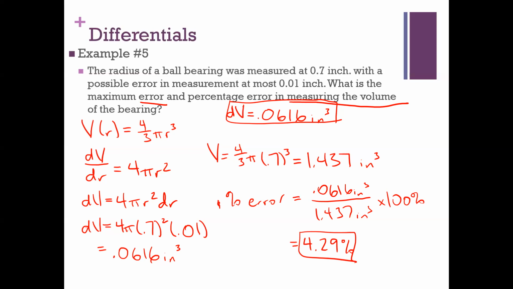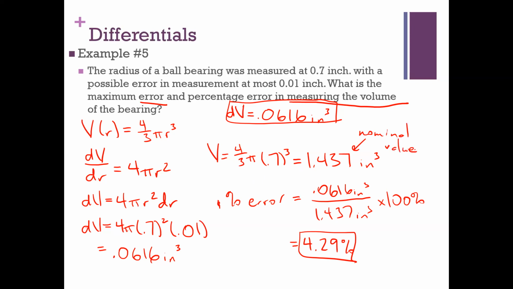So for the 0.0616 inches cubed over the 1.437, it's the possible error over what? That's a good question. This right here, and this is not so much a thing you'll see in your book, but in a lab setting you hear this called the nominal value.